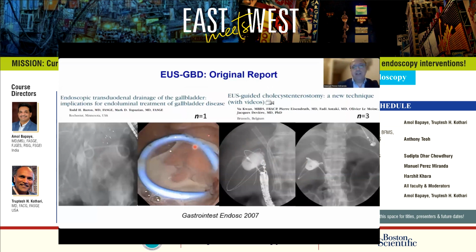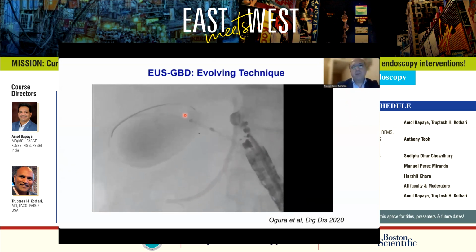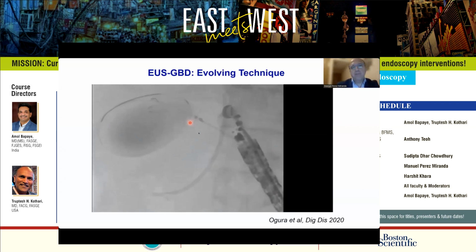The first EUS-guided gallbladder drainage cases had higher malignancy and used thin double pigtails or nasobiliary drains. Subsequent improvement, still using the traditional Seldinger technique with needle, wire, and dilation, used instead a fully covered tubular self-expandable metal stent with or without anchoring flaps.